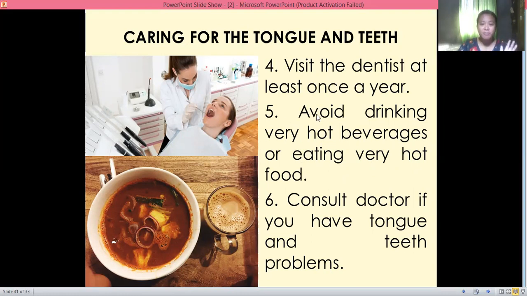Avoid drinking very hot drinks or eating very hot, spicy food. And number 6, consult your doctor if you have tongue and teeth problems.